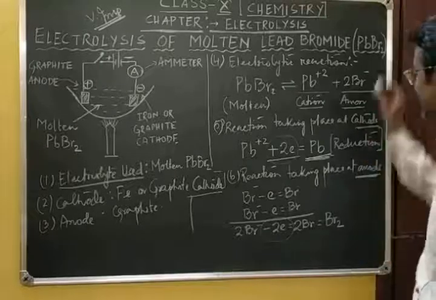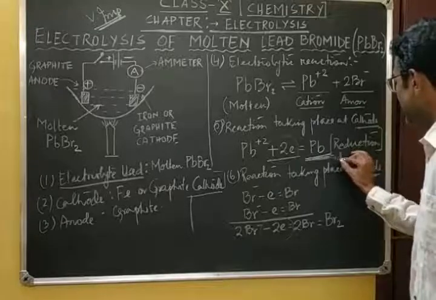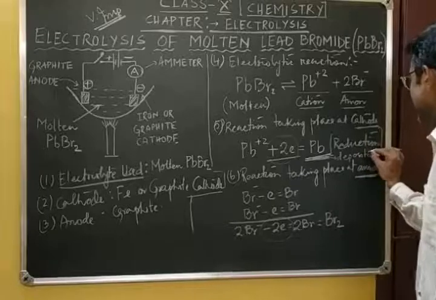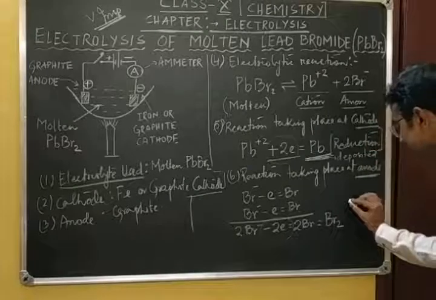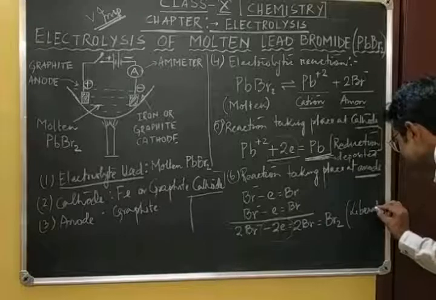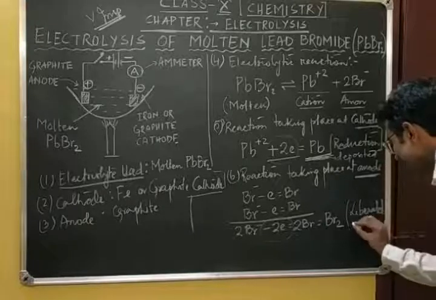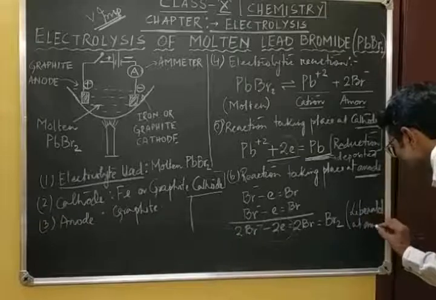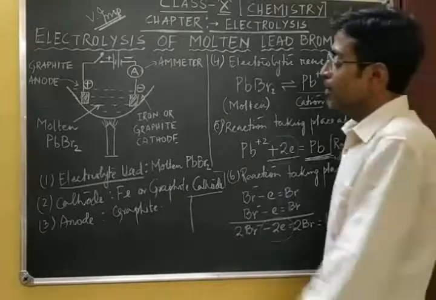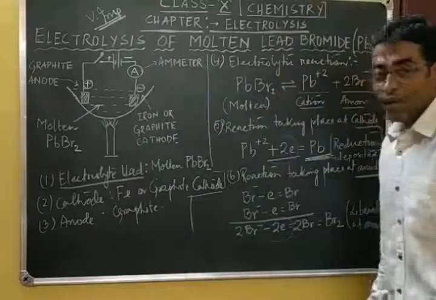Remember, lead is deposited at the cathode and bromine is liberated at the anode.